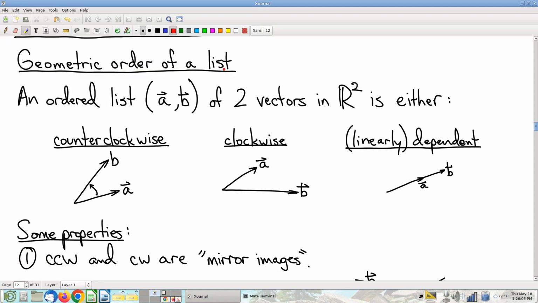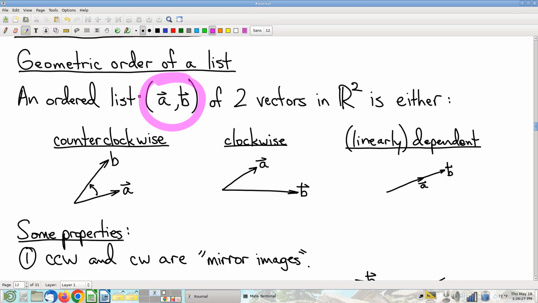All right, so let me start off by talking about what I mean by geometric order of a list. First of all, what do I mean by a list? List is going to be short in this section for ordered list. I will always mean ordered list when I say list. For example, here's an ordered list, A comma B. There's two vectors in there.